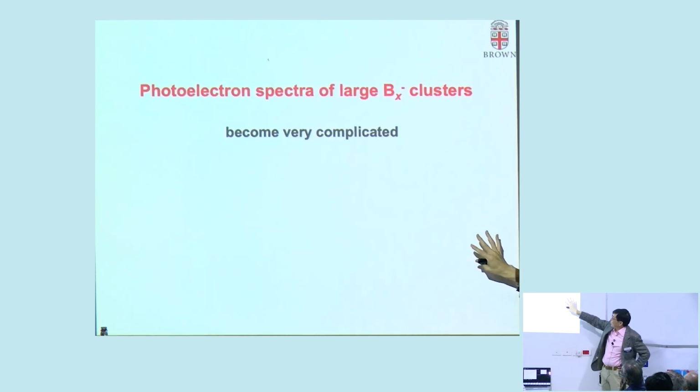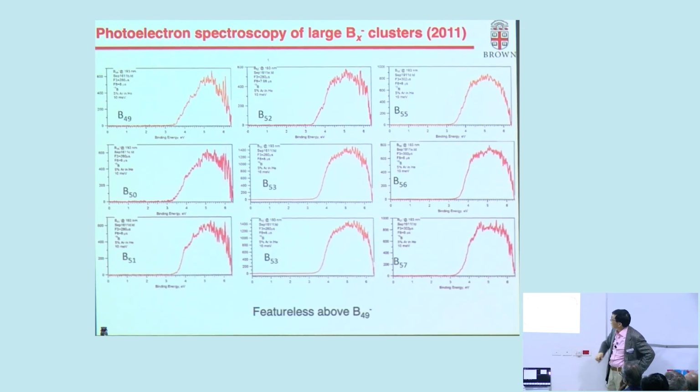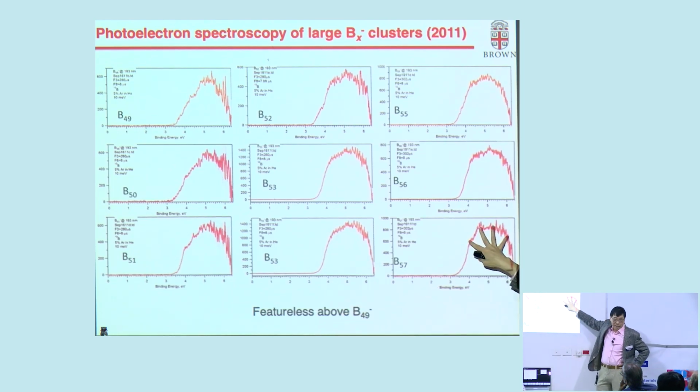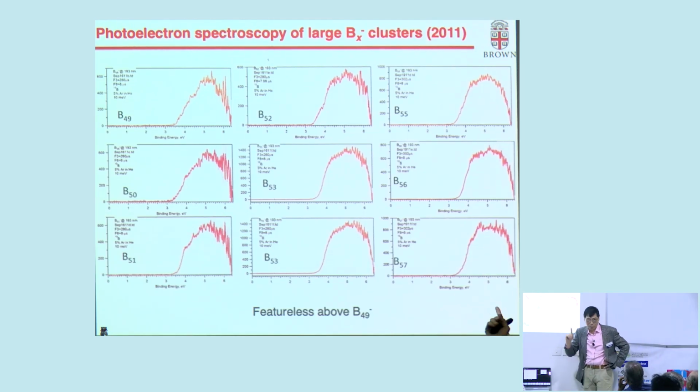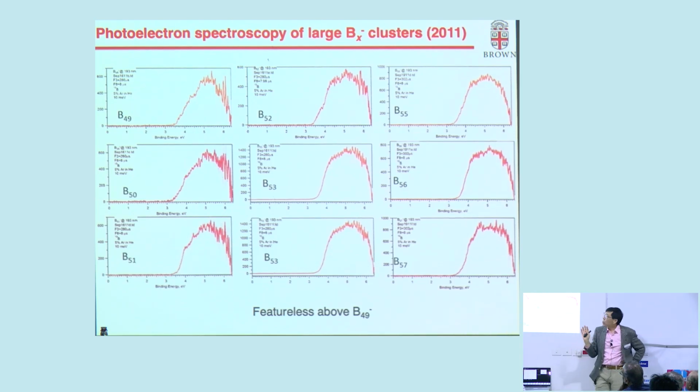But there's a problem: the photoelectron spectra of the large boron clusters become extremely complicated. Back in 2011, we did a quick search of the large boron clusters and found this type of spectrum. It's essentially useless. There's no information in it. They're just a blob.